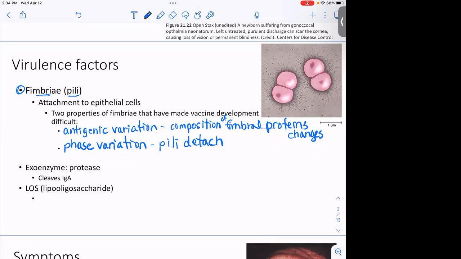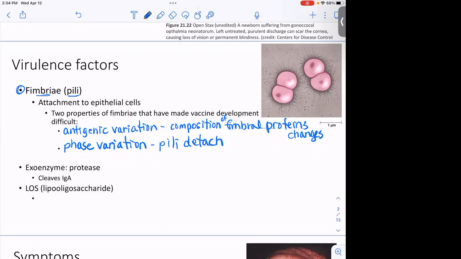So basically the antibodies follow the pili, and meanwhile the cells are going off and reproducing. It's like if you're getting chased by a polar bear, what do you do? You throw down your mitten, so the polar bear stops and smells the mitten and you get away. It's the exact same thing. Okay, so antigenic phase variation.